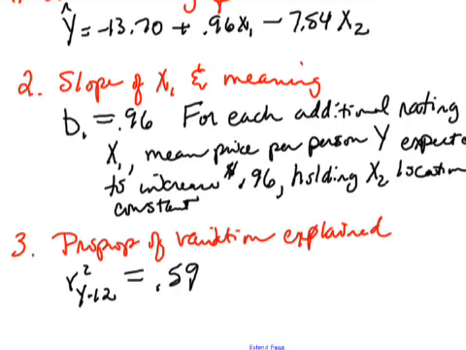Final question in example 1. What would be the average or mean price of a meal in New York City with a rating of 70? And you actually can still see at the top of the screen the regression equation.